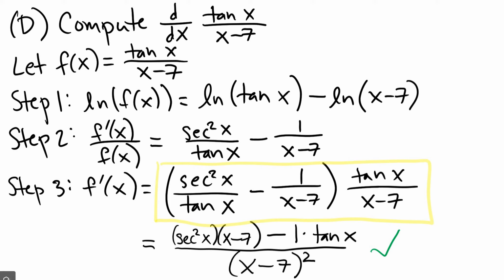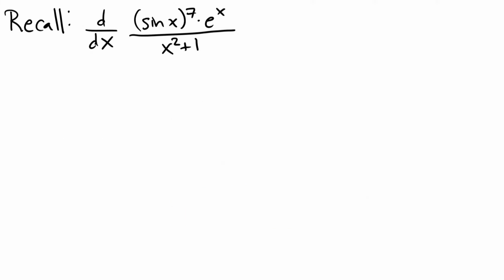When we look for our criteria in step 0, why do we say that we're looking for products, quotients, and exponents? Why don't we just say exponents if that's the only time you need to use this? Well, the reason is that you can have examples which are really complicated, which have products, quotients, and exponents. For instance, remember back when we computed this derivative of sine x raised to the 7th times e to the x over x squared plus 1.